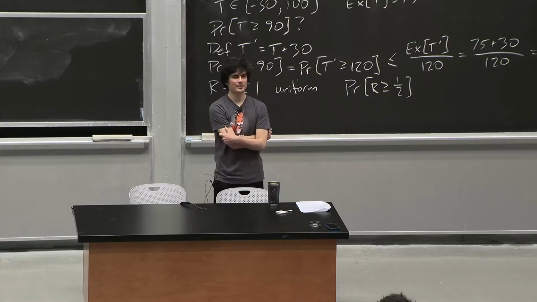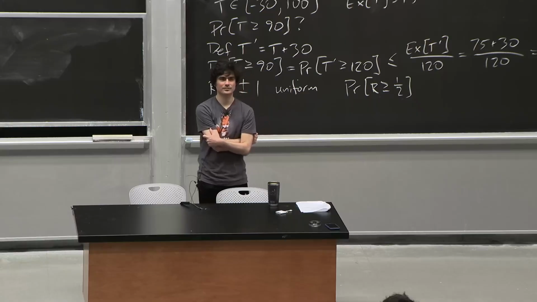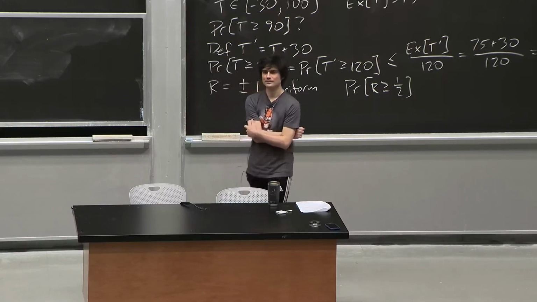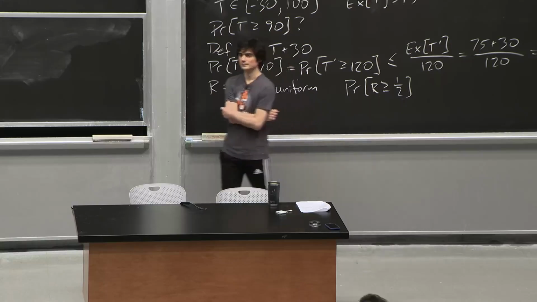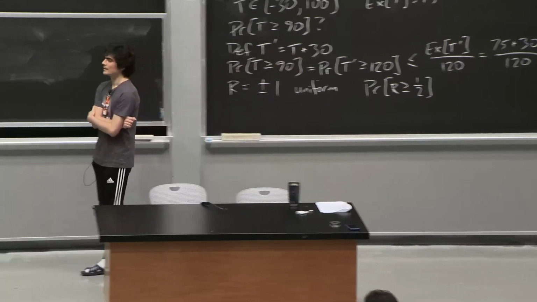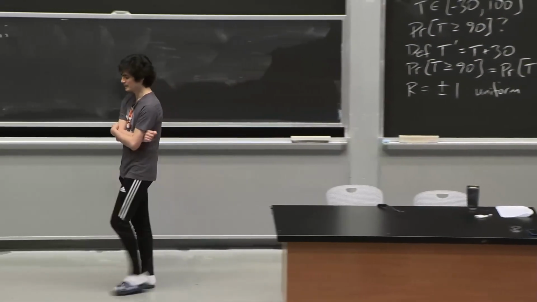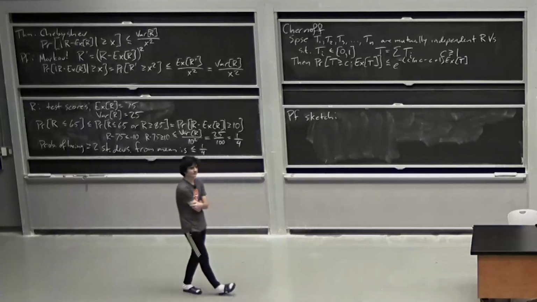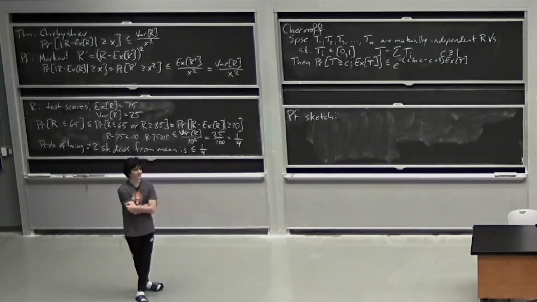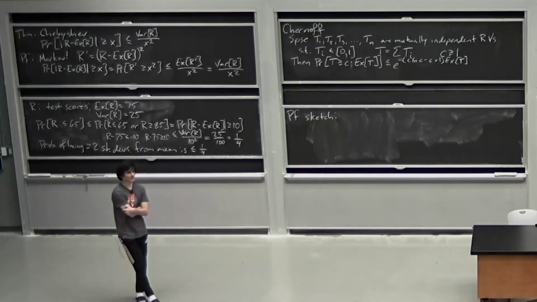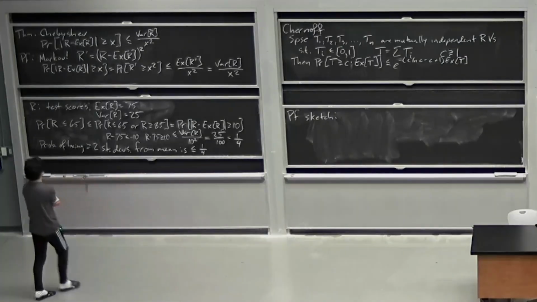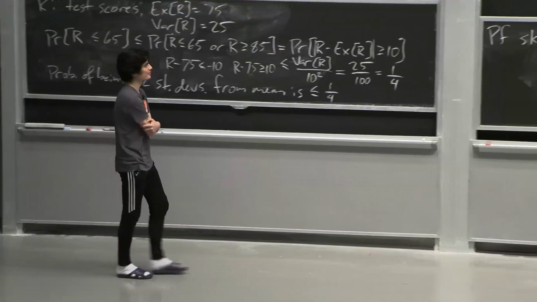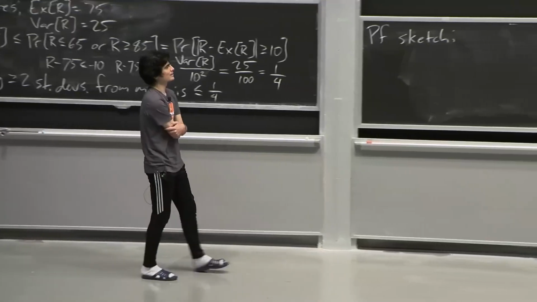Well, what happens if we apply Markov? In order to use Markov, we need a non-negative random variable. In order to prove Chebyshev, we took a square that made something non-negative. What might be a reasonable thing to try in this case?